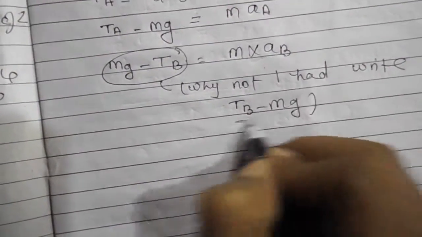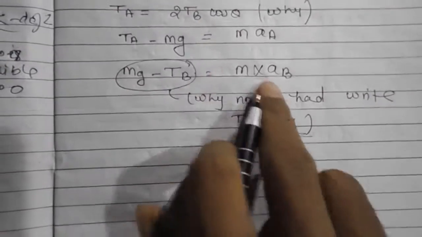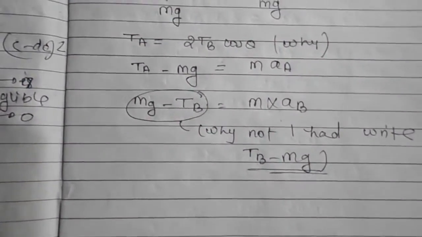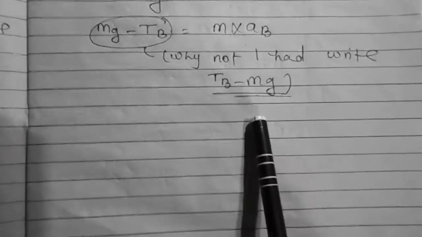You should think why not I write TB minus mg. Okay guys, mg minus TB is equal to m into acceleration of B. You should think about this.